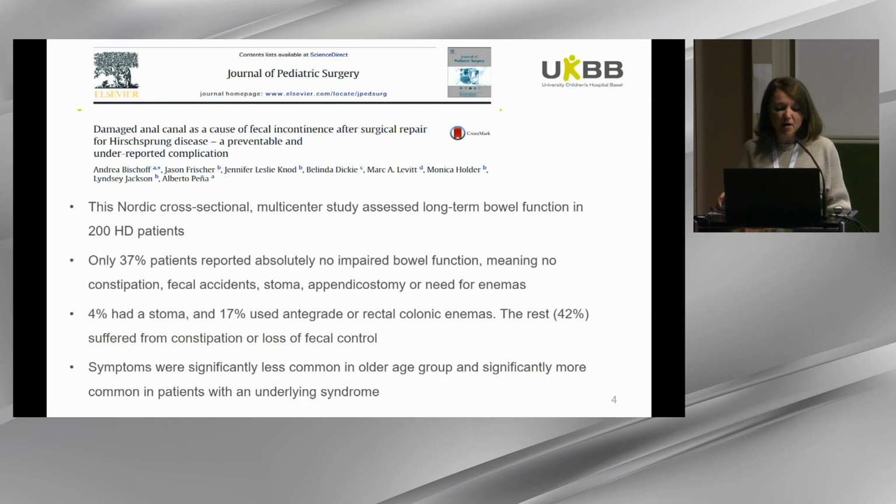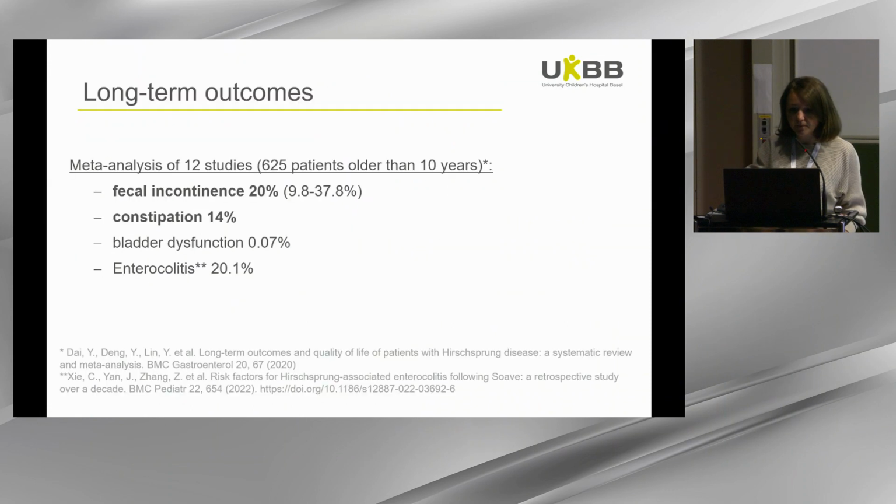4% had a stoma, but the main population, or 42% of patients, suffered from constipation or a loss of fecal control. Here we have a meta-analysis including 600 patients. They were slightly older because the inclusion criterion was a minimum age of 10 years, but the numbers are really similar.